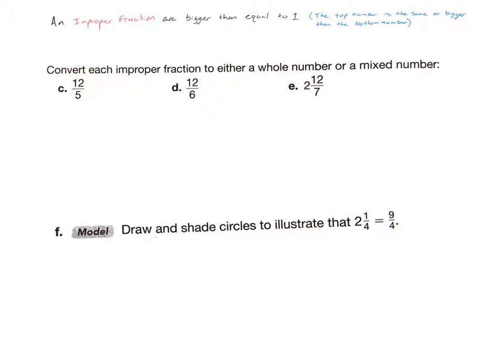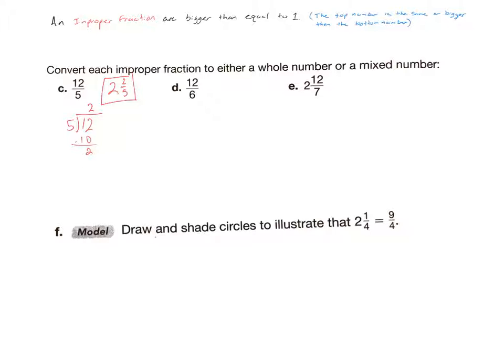So to do that, what we need to do is we need to say 12 divided by 5. 5 goes into 12 2 times, giving me a remainder of 2. So it's going to be 2 2/5.